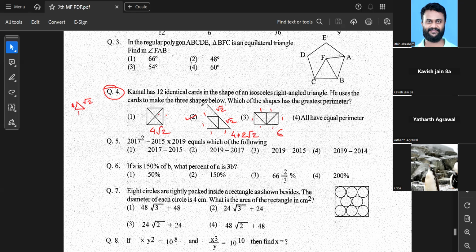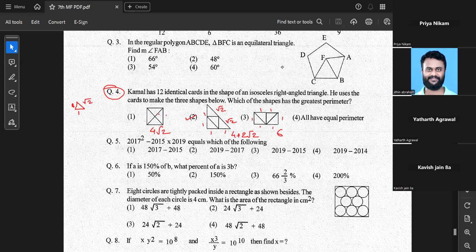Now if anybody is having any query, you can ask. Yeah, tell me. I'm listening. Priya. Sir, I took the two short sides which are the same as one, and the longer side as two. You cannot take the longer side as 2, because that will give you an inaccurate answer. Don't do that.